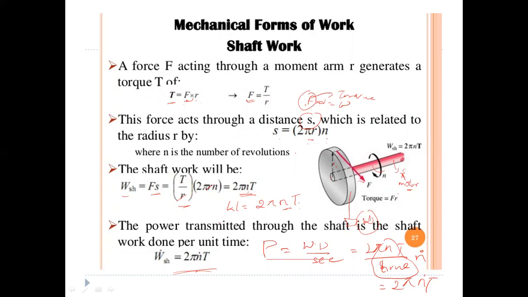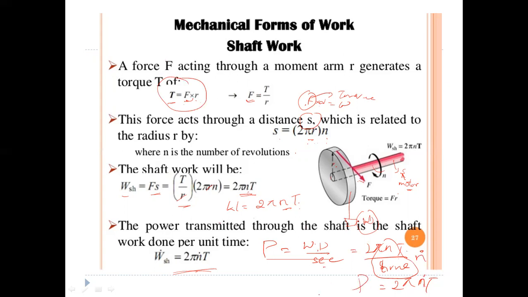Torque can be found from the relation torque is equal to force into radius. Power is equal to work done per second. Work done we got as 2 pi N T divided by time, and N by time we write as N dot. So this is the formula for power and this is the formula for work done.